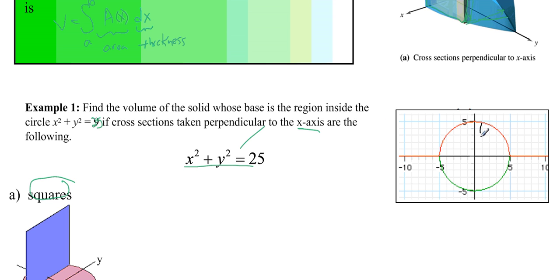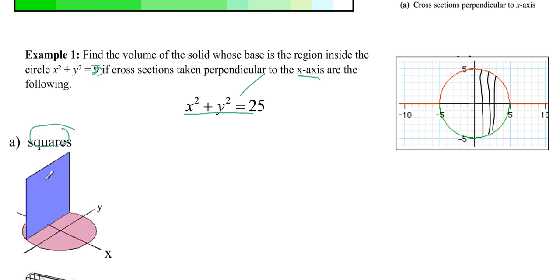Just like you were seeing on that dynamic software, we're going to lay in a bunch of squares perpendicular to the x-axis all along the region bounded by the circle. So my main task is to get A(x): what is the area of the square, which would be changing as it moves through the circle.